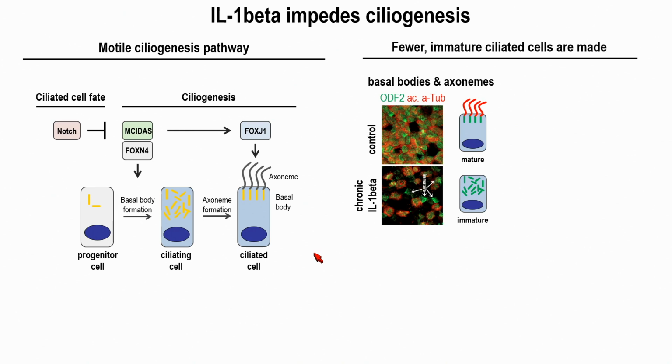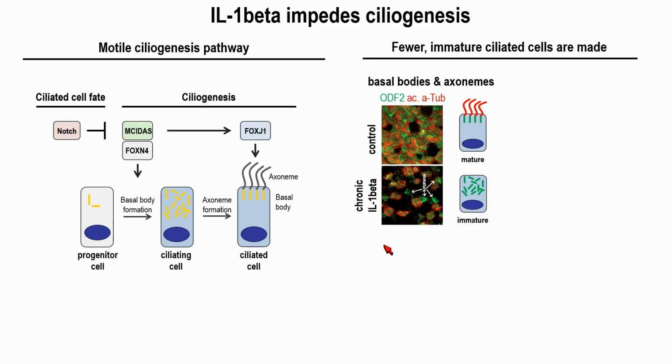And what we find is that with chronic IL-1 beta treatment, we see fewer ciliated cells and more immature ciliated cells are made. This first panel is quantifying basal bodies and axonemes, and in the control you can see that we have a good balance of cells that have both basal bodies and axonemes.